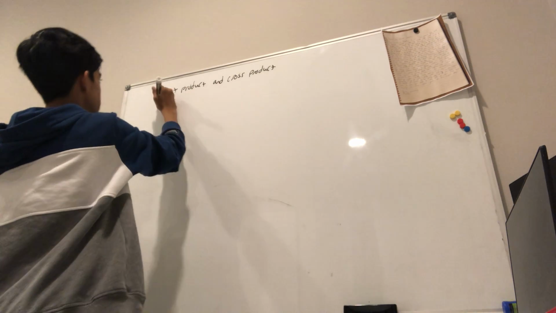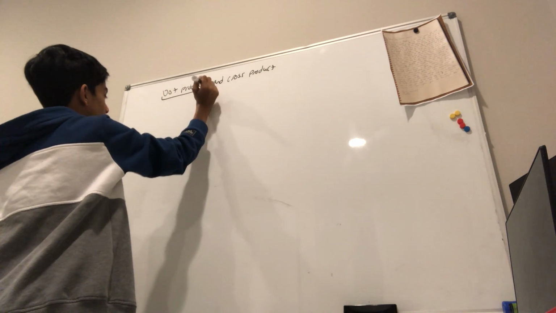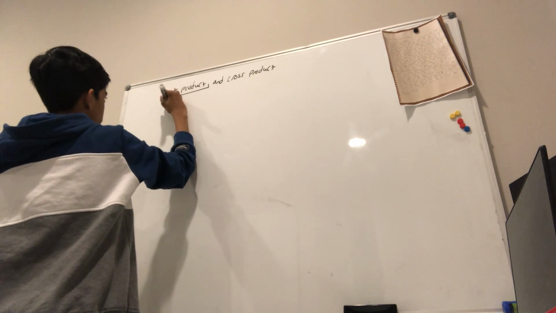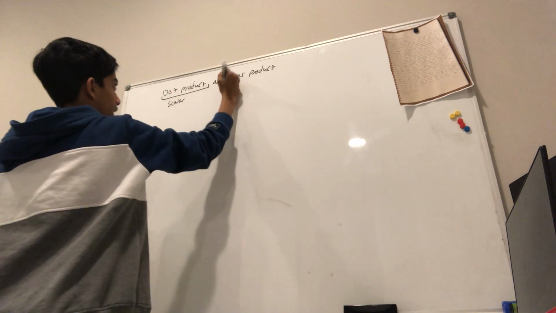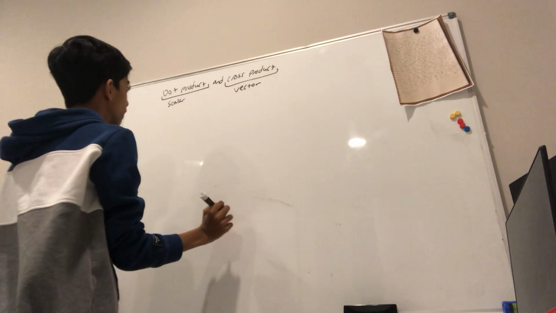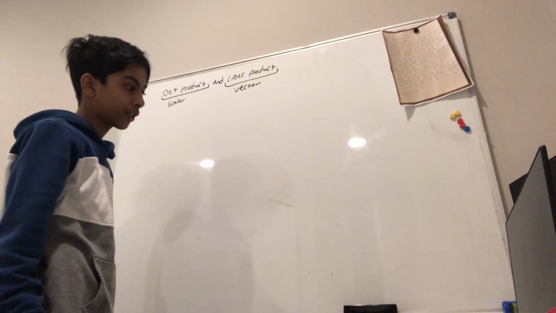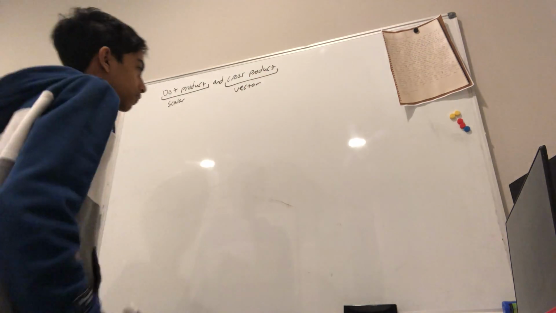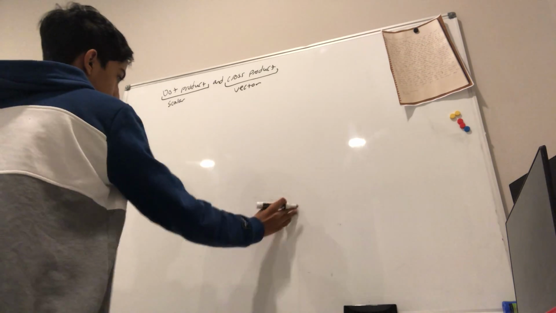And the difference between these two that you can see clearly is that this one yields a scalar and this one yields a vector. So let's go over the dot product first because it's easier to understand and it's easier to compute.